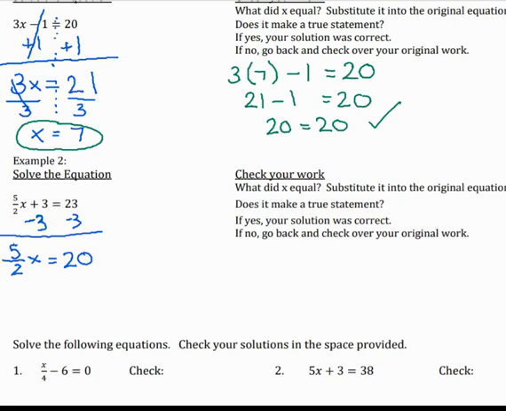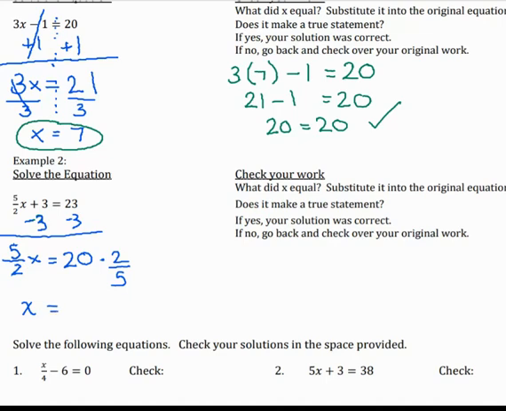Reciprocal. Good. So to get rid of that 5 halves, we're going to multiply by the reciprocal, which is 2 over 5. And again, if I do that to the left side, I must do it to the right side. On the left, the 2/5 and 5 halves will cancel, so we're just left with x.